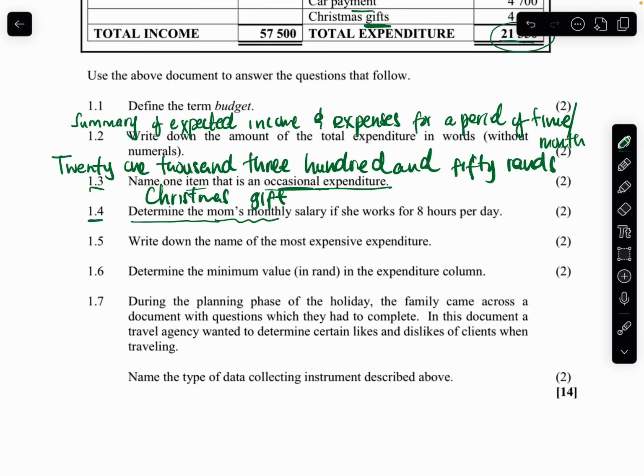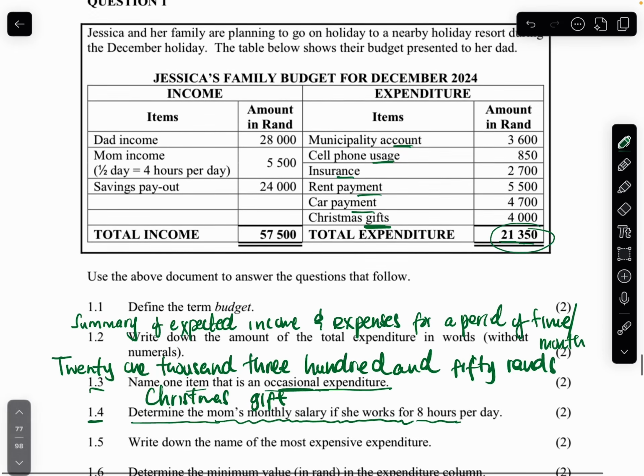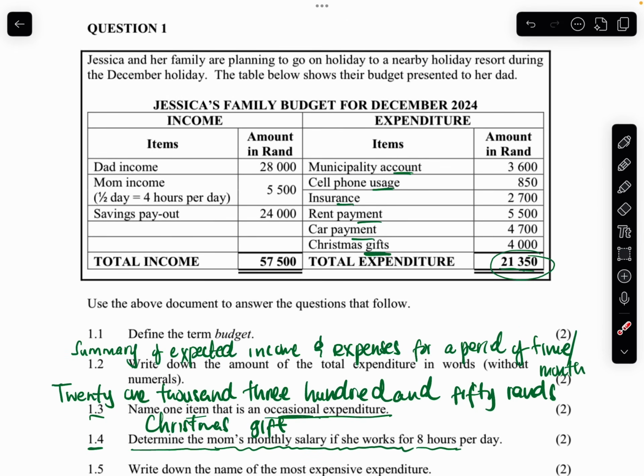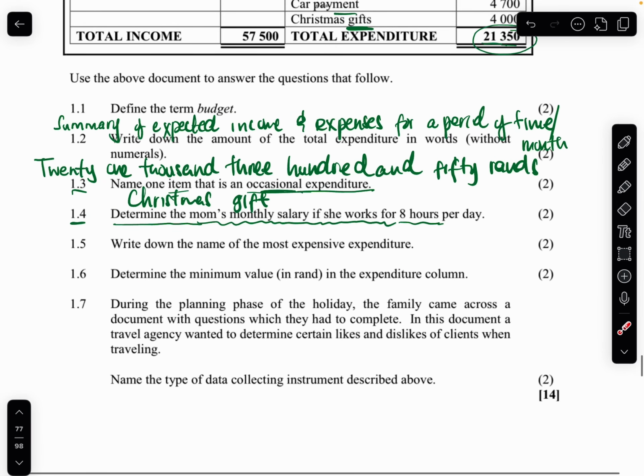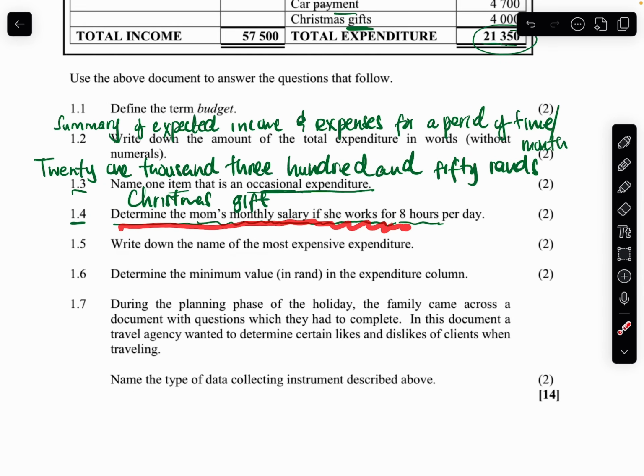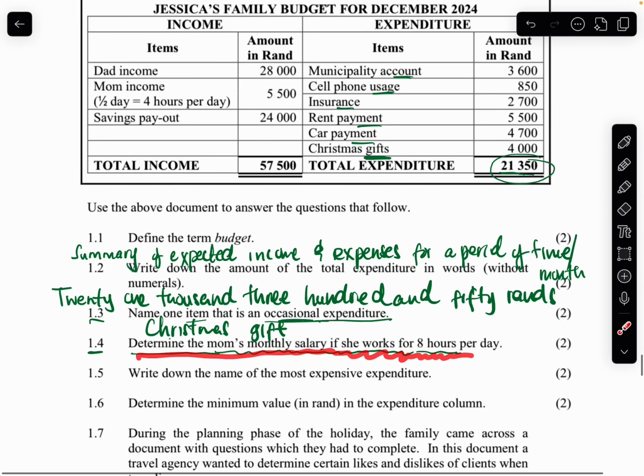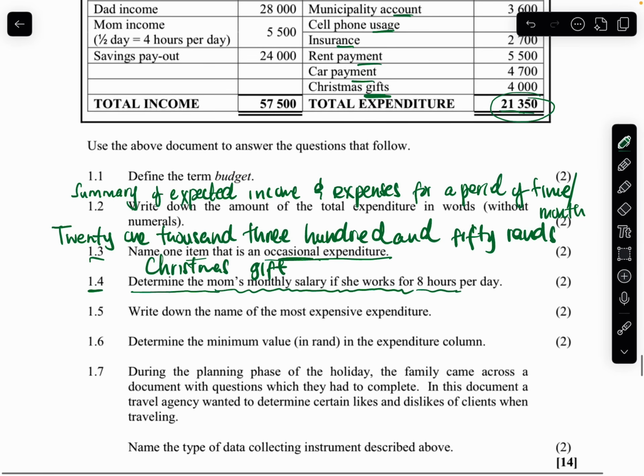Determine the mom's monthly salary if she works for 8 hours per day. Let's look at the incomes there. We have dad's income, we have mom's income, and it's 5,500 for half a day, which is 4 hours. Now, to determine the mom's salary if she works 8 hours, which is twice the half day, the full day, what are you going to do there?